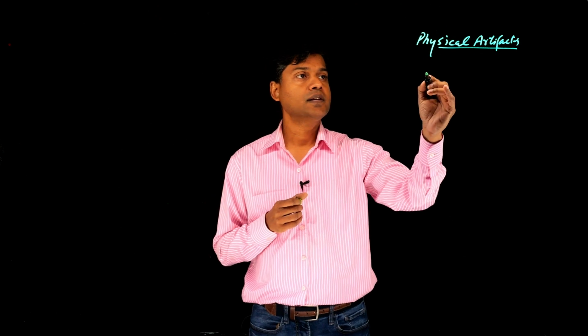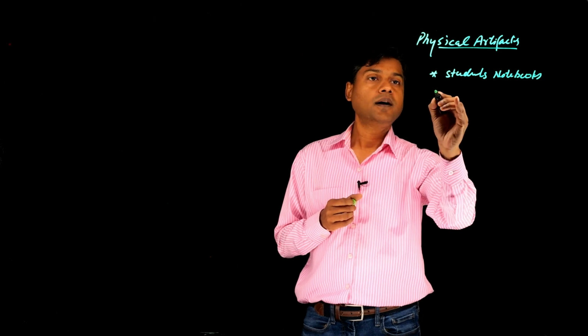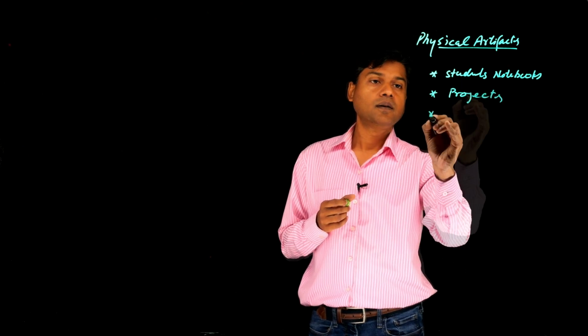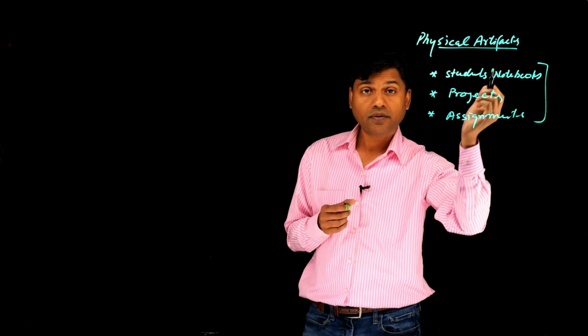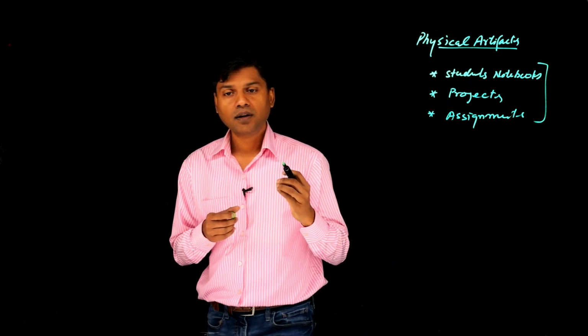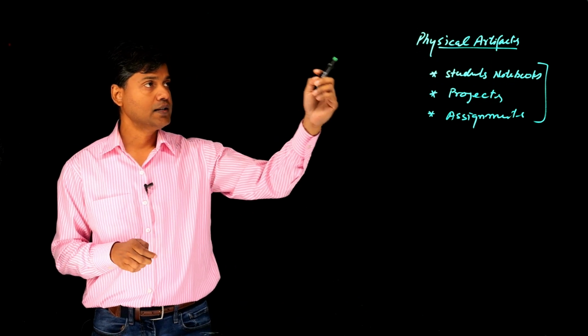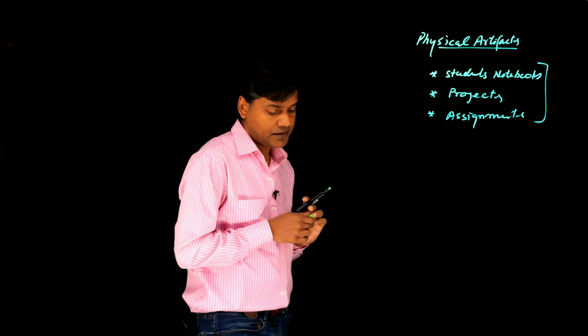In terms of physical artifacts, I can collect data related to students' notebooks, their projects, and assignments. So these are going to be my artifacts that I can use when I'm exploring the case.